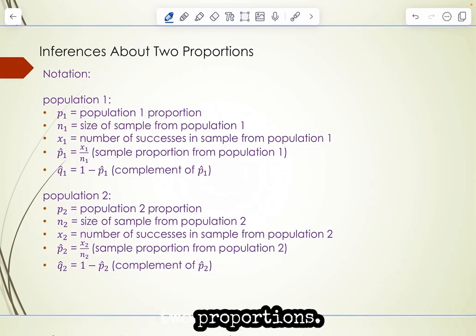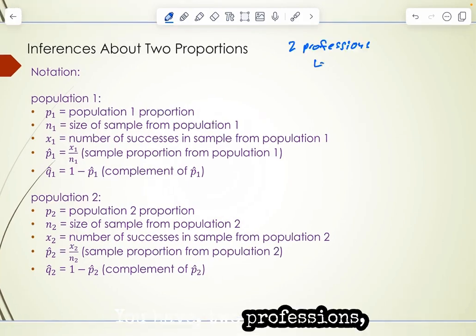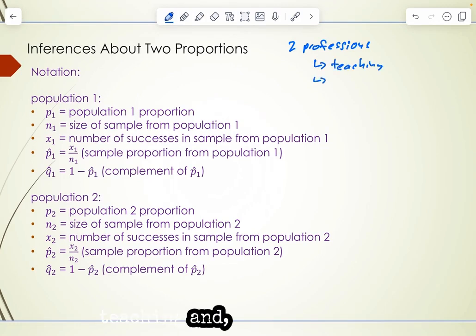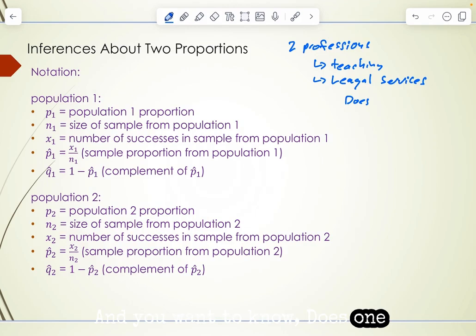Inference about two proportions. It'd be nice to motivate this with an example. You have two professions, teaching and legal services, both very broad professions, and you want to know, does one have more women than the other?